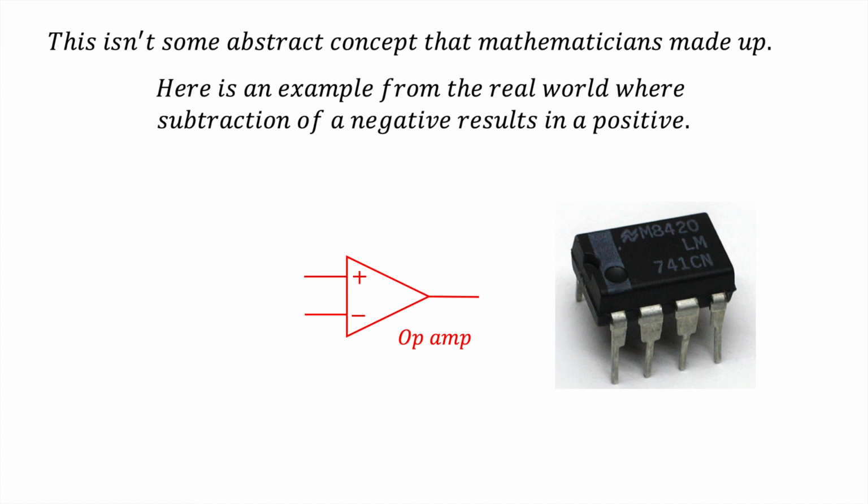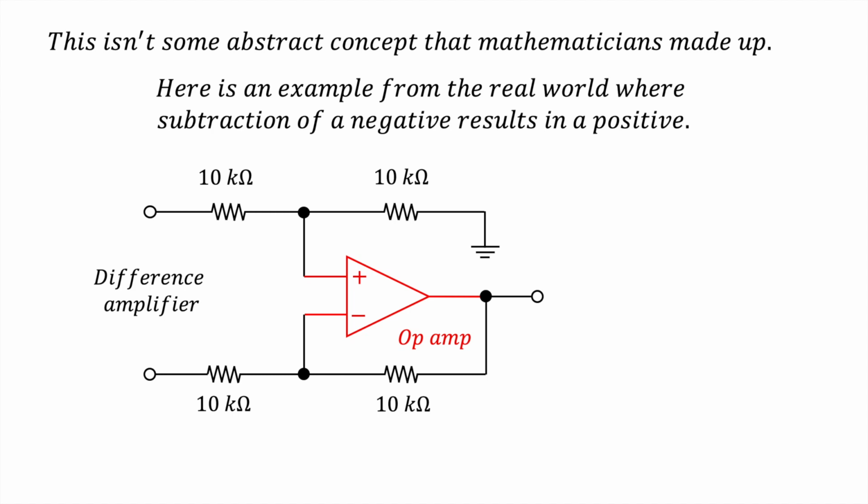The term operational refers to the mathematical operations that these amplifiers can do. They can carry out arithmetic, that is, add, subtract, multiply, and divide, and even the calculus operations of differentiation and integration. With a few extra resistors, the op-amp can be made into a difference amplifier to subtract 2 voltages.